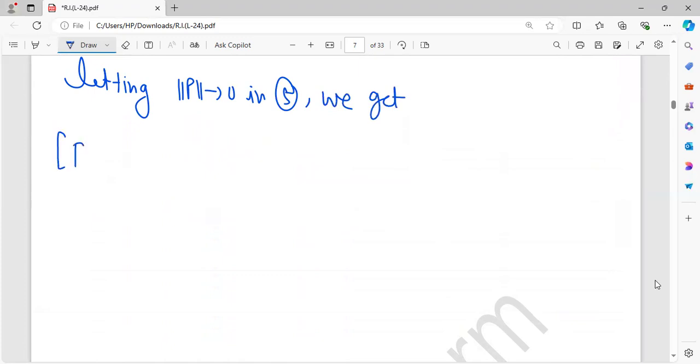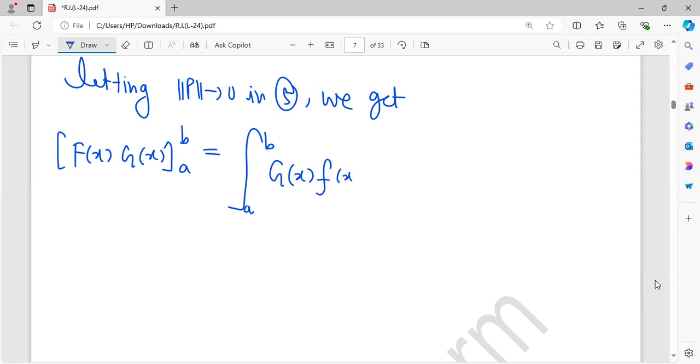this fixed from a to b, but the first summation will become the integral from a to b of G x f x dx, and the second will become the integral from a to b of capital F x small g x dx.